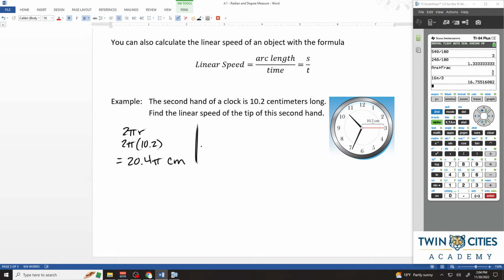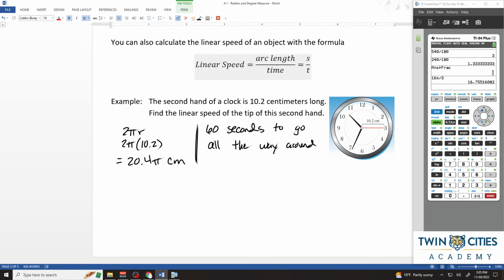Now next, we know that it takes 60 seconds for this second hand to go all the way around the clock. Or in other words, it takes 60 seconds to travel 20.4 pi centimeters.